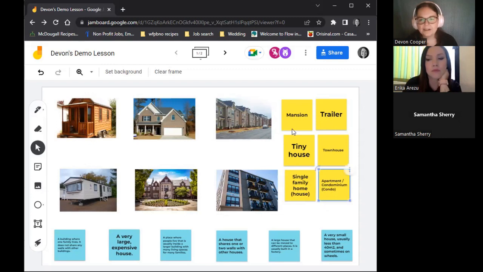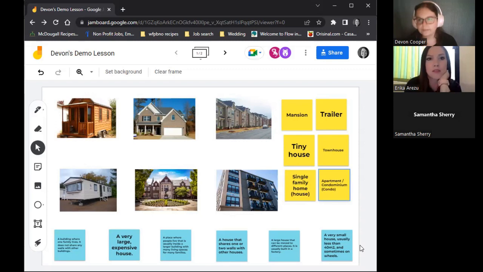Okay. So these are our types of houses, and these are our descriptions. Now I'm going to let you guys read these descriptions on your own. If you have trouble seeing, are they too small? Can you read them? I can read them. Okay. I have a question. Single family means just one family living there.